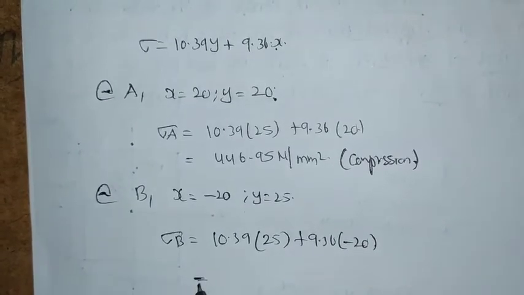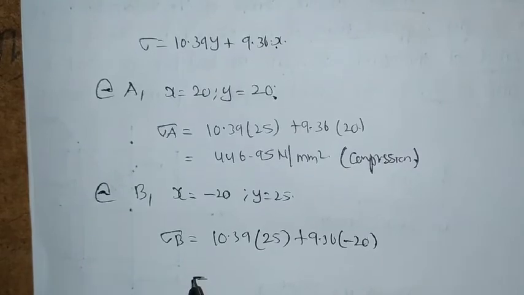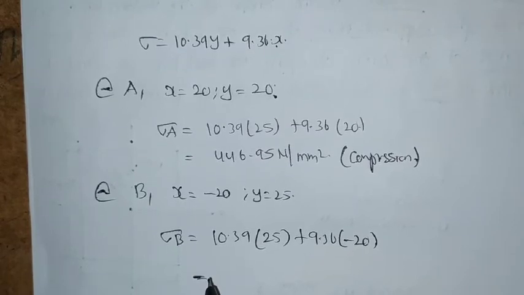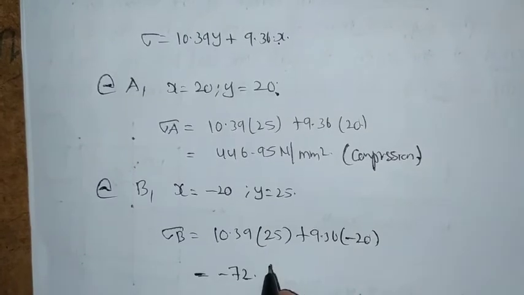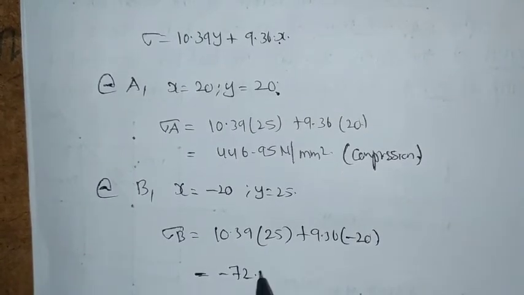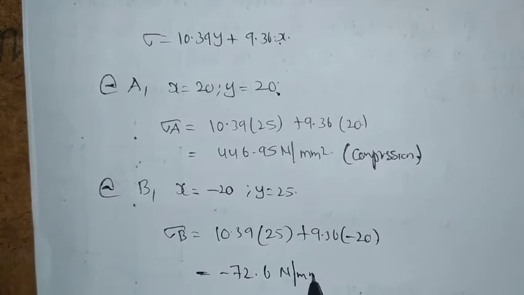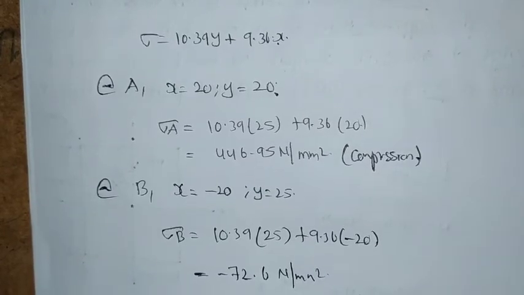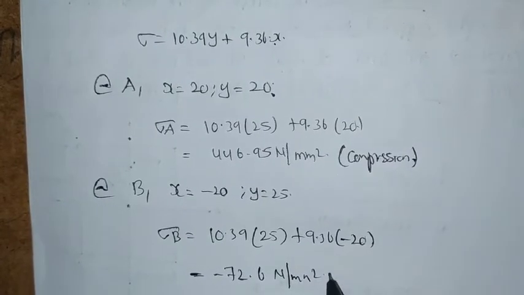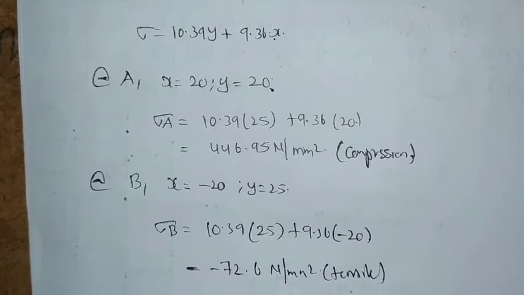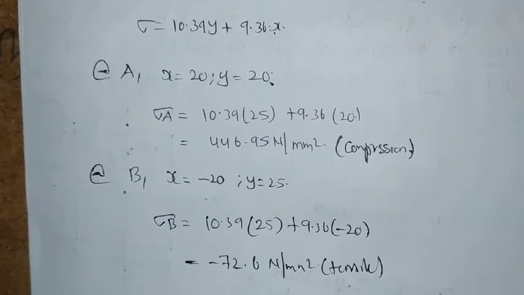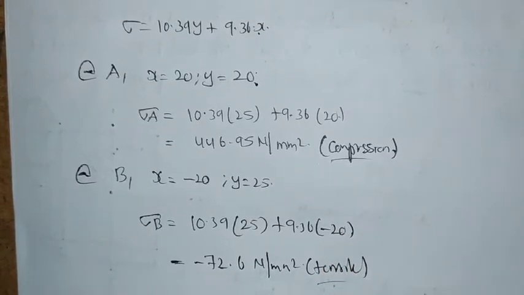If I multiply these values, we get minus 72.6 Newton per mm square. So if it is negative, we are going to consider it as a tensile state.